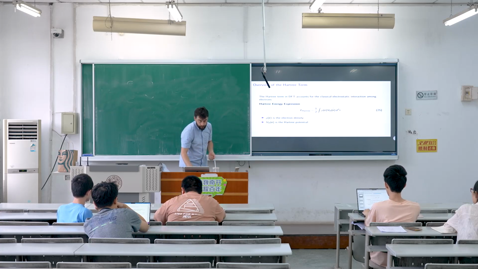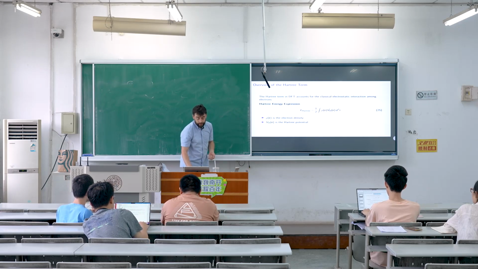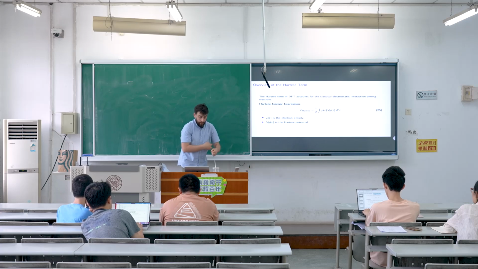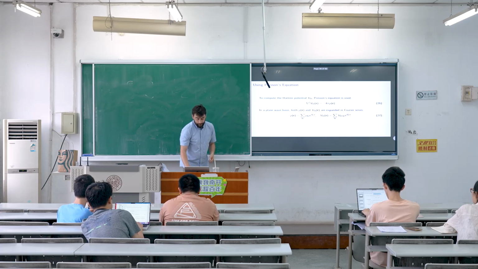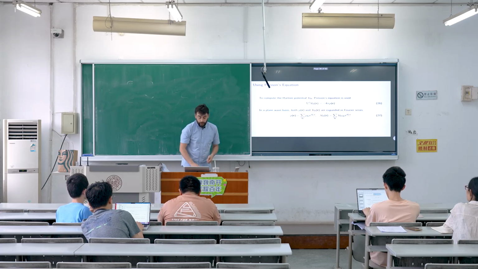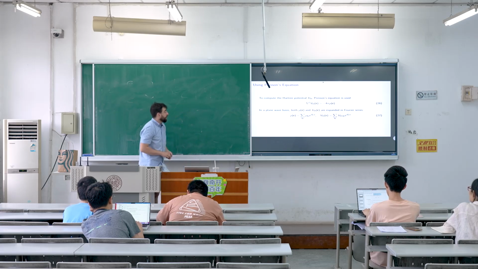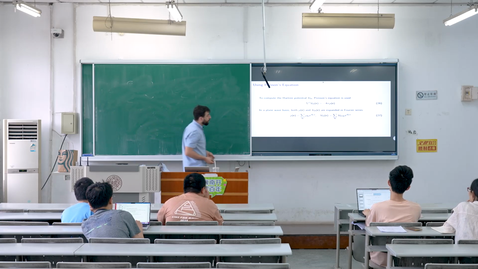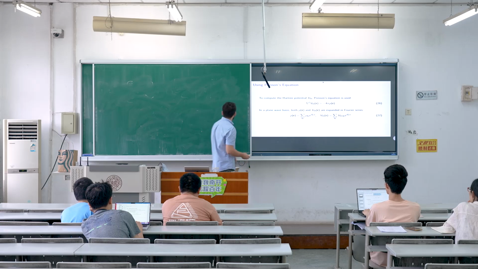And so we have the Hartree potential, and we have an integral of the pointwise product of the Hartree potential with the density. So if we look at Poisson's equation, which is one way to calculate this, what we effectively have is this differential equation.